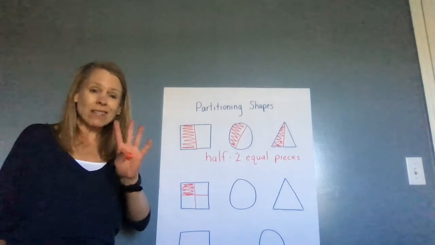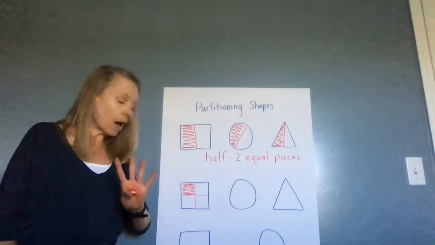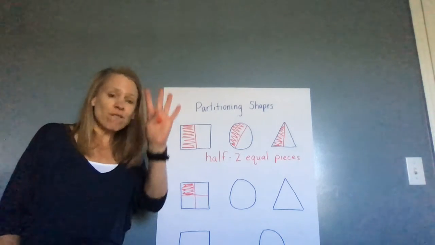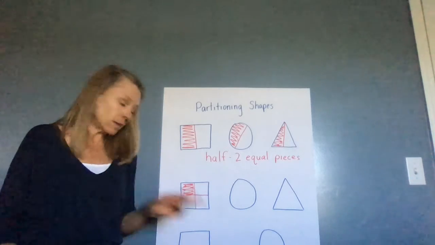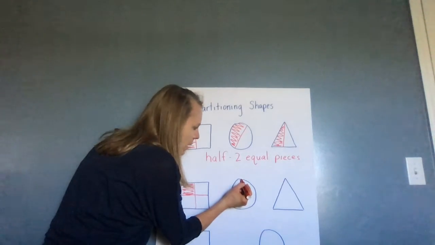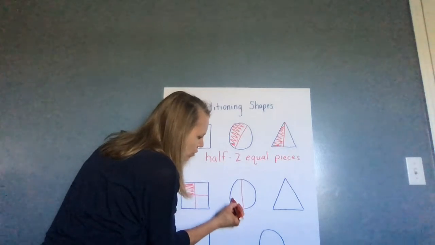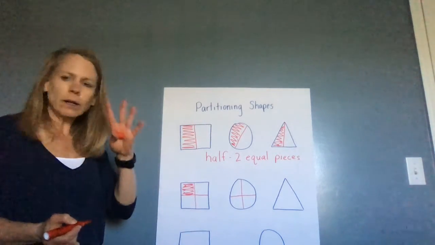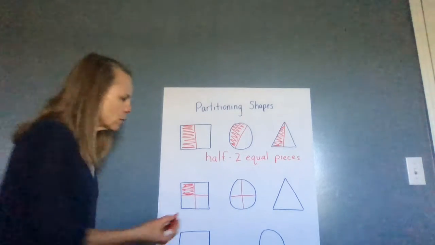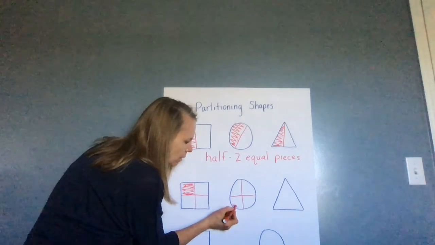So if I have it divided into fourths, I know that it takes 4 equal pieces to make the whole square. And it's the same thing for the circle. If I divide this circle into fourths, I have 4 equal pieces. And so again, I can color in a fourth.